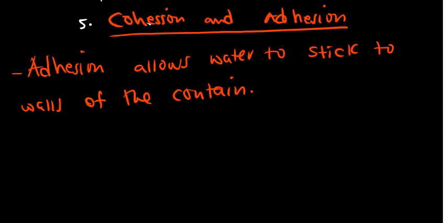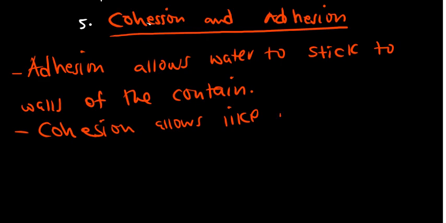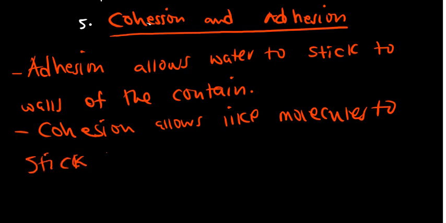So we also have what we call cohesion. This one allows like molecules to stick together. Cohesion is the property of water that allows water molecules to stick to one another.